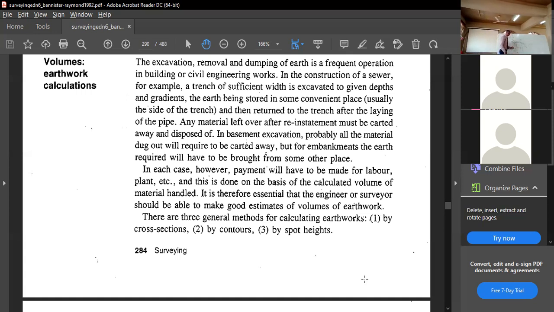So you can just do that and you end up with the volume. To get it more accurately, you do A1 plus A2 divided by 2. So this is actually volume by mean areas.